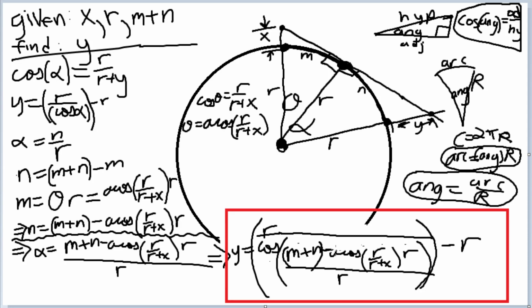M plus n minus r cos. Alright, see, now we're writing y in terms of everything that we know. This is all the curve calculator is about. There's different ways to do it, but you always get the same answer. Isn't that odd? Odd that math works that way.